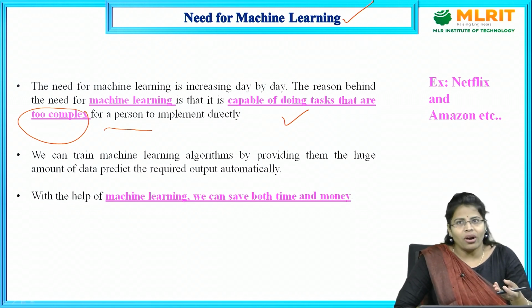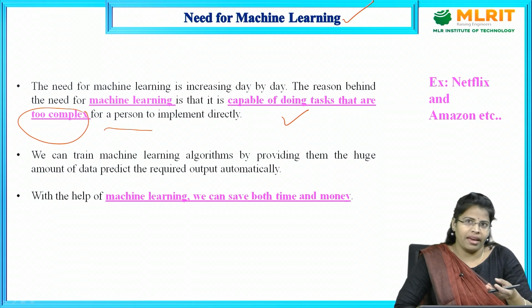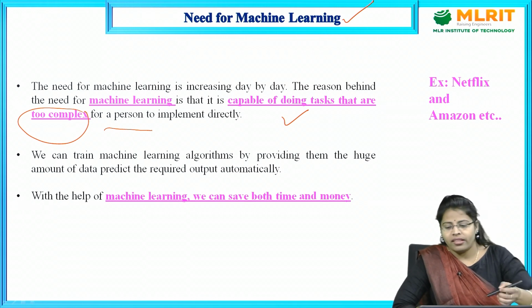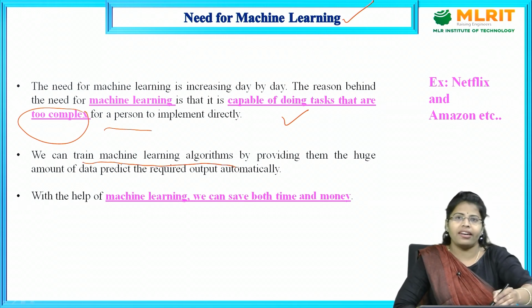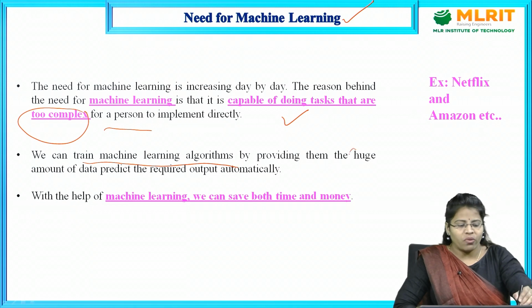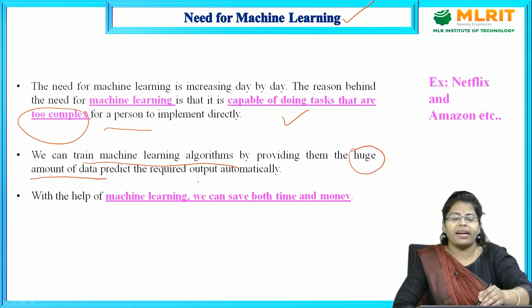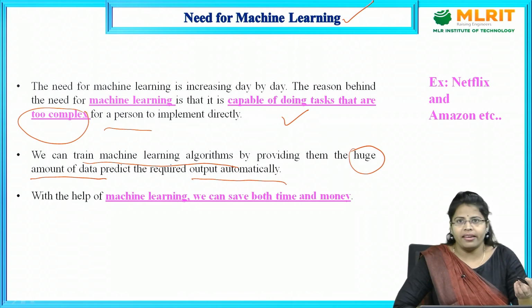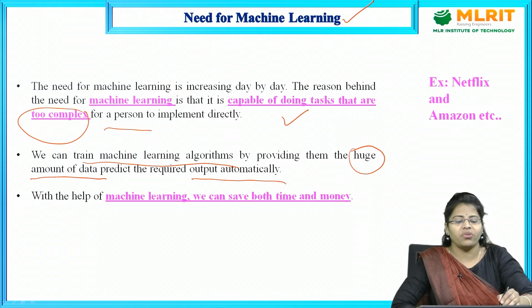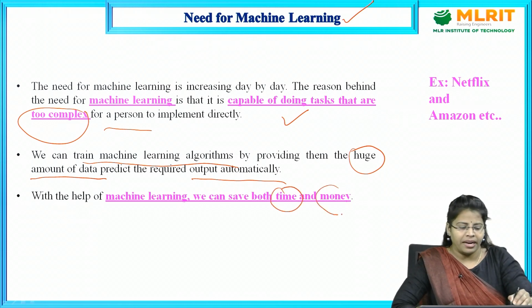For that, we have machines which make things easy for us. We train machine learning algorithms by providing a vast amount of data, and the computer predicts the output automatically. With the help of machine learning, we save time and money.